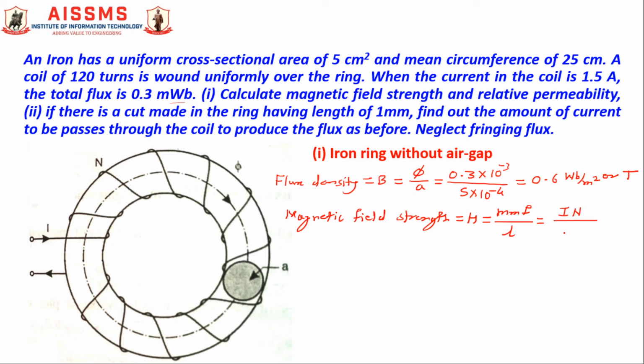So H is equal to current, which is given as 1.5 ampere, multiplied by number of turns, 120, divided by length, 25 into 10 raised to minus 2. So here we get the final answer as 720 ampere per meter or ampere turn per meter.